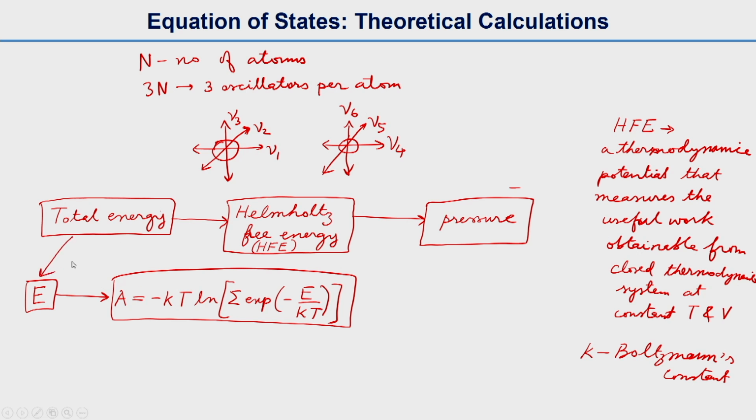This is the total energy we talked about, and this is the Helmholtz free energy, and then we will have the expression for pressure from the Helmholtz free energy, which is minus the partial of A with respect to V at constant temperature. So the differential of HFE with respect to volume at constant temperature will give us the pressure.